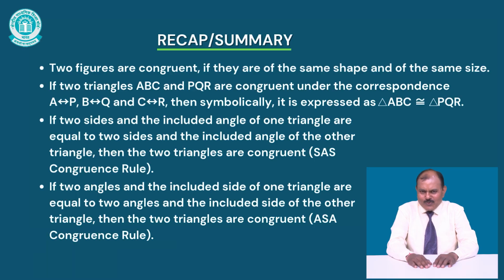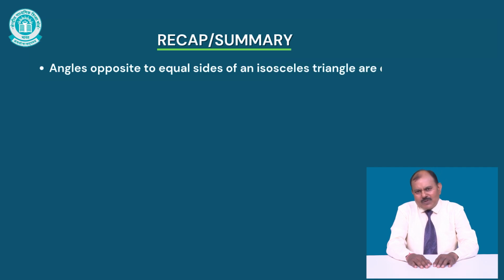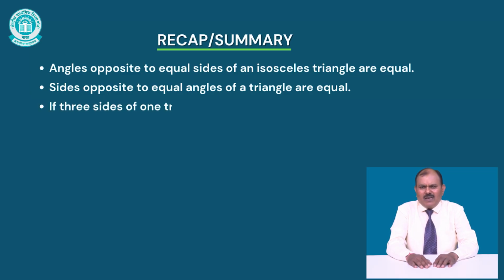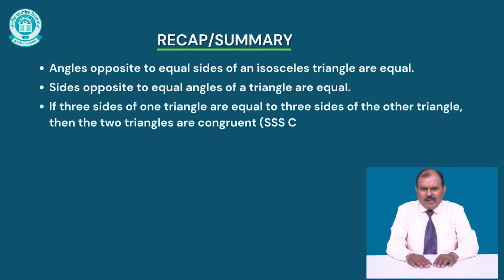ASA congruence rule. Angles opposite to equal sides of an isosceles triangle are equal. Sides opposite to equal angles of a triangle are equal. If three sides of one triangle are equal to three sides of the other triangle, then the two triangles are congruent.